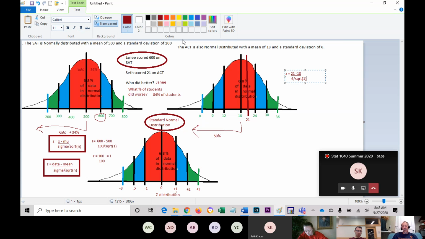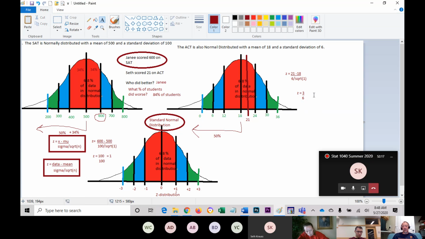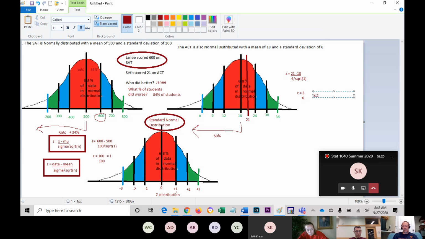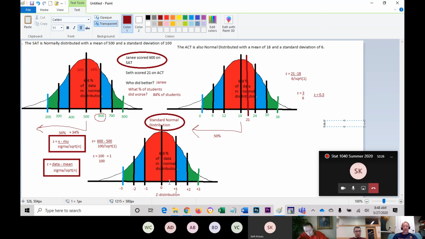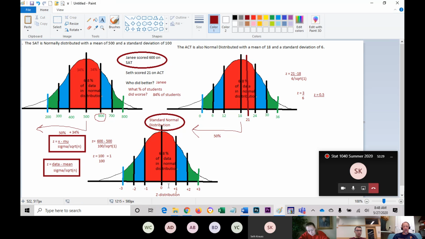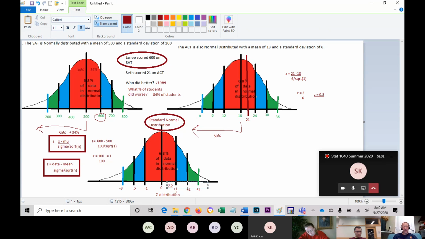On the top, 21 minus 18 is 3, and on the bottom, 3 divided by 6. So Z equals 0.5. The idea here is Seth is a half of a standard deviation away. So if we put this in here, 0.5 standard deviations away, that is going to be Seth's score.